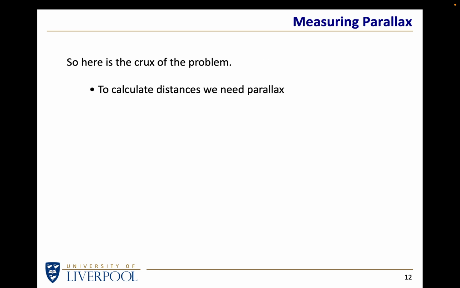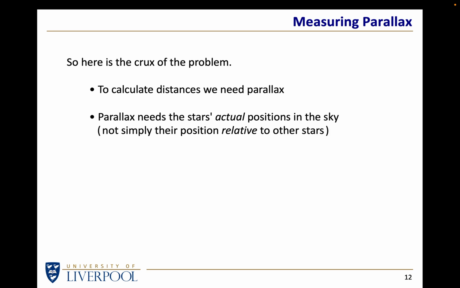We absolutely need distances, both to understand stars and to understand how they are moving in a dynamic Milky Way of billions of stars. So we need parallax, but parallax needs to know the position of the star, not simply the position of one star relative to another, because if they're both moving, how do you actually know what's going on?